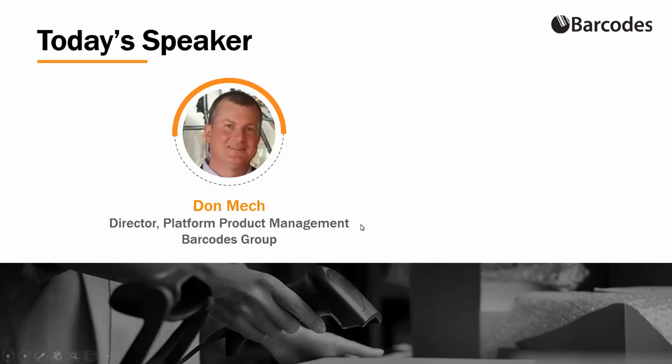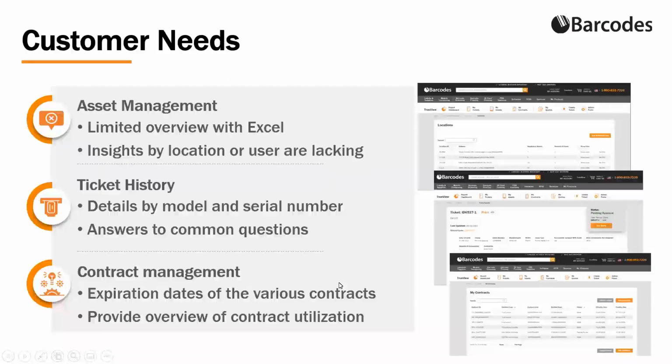Thank you, Edwin, for the introduction. So first thing is customer needs, or our customer needs collectively. The first is the asset management piece. A lot of our customers manage it the old-fashioned way, pen and paper or even using Excel. And when you do that, some of the insights that you capture, you're missing or lacking those insights.